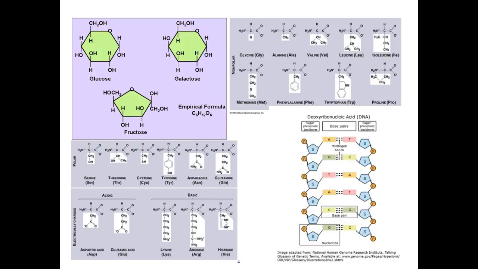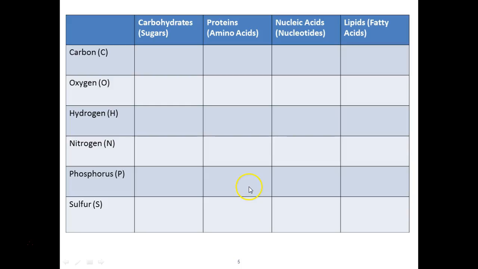So when we look at these, right, when we look at sugars, when we look at amino acids, when we look at nucleic acids, you will always find carbon at the backbone, at the center, you could say, that everything attaches to. So the answer is yes for all of these for carbon, right? But let's go down the list.